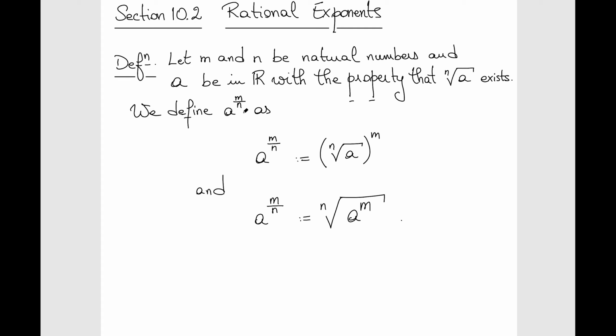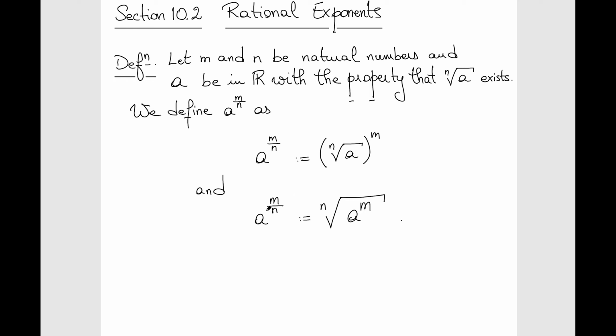As such, we define this thing, this is an image, it means nothing up to this point, as follows. We define it to be the nth root of a to power m, and we also define it to be the nth root of a^m.